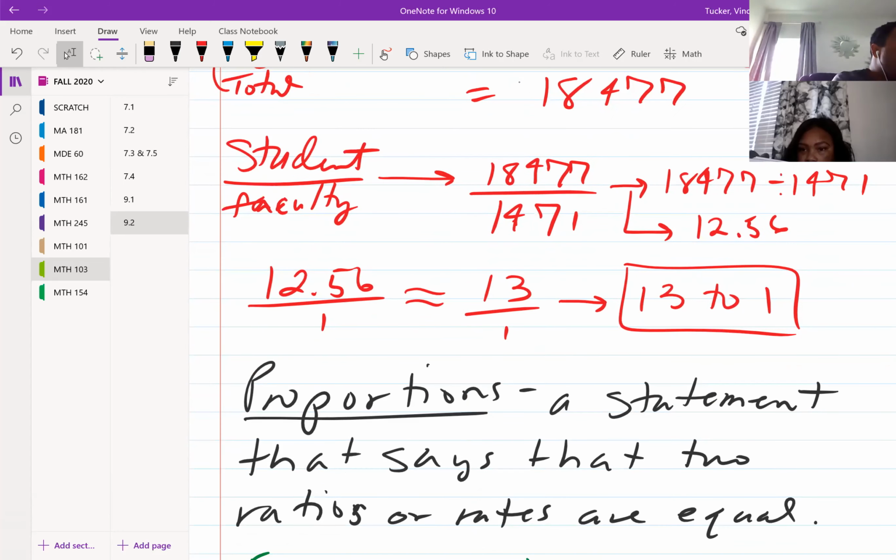Questions? Any questions before we get to proportions?